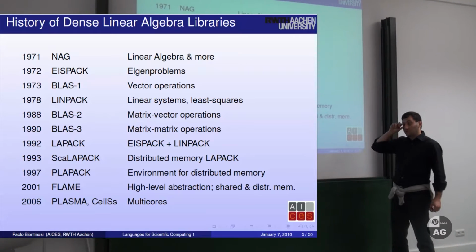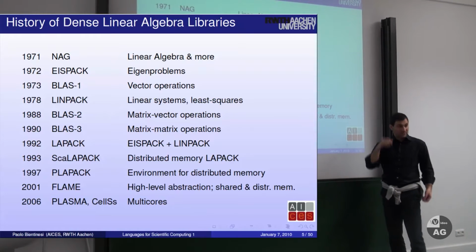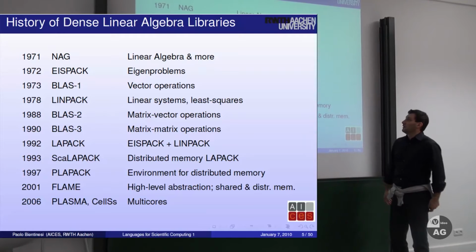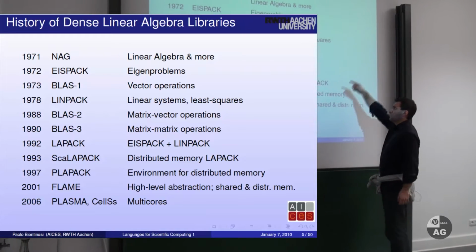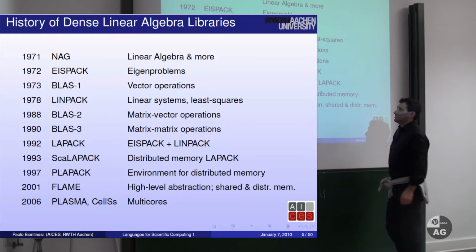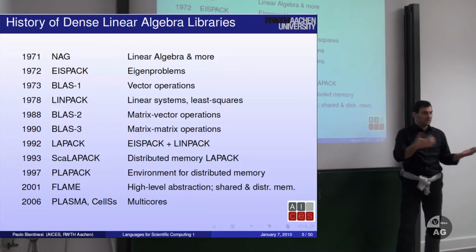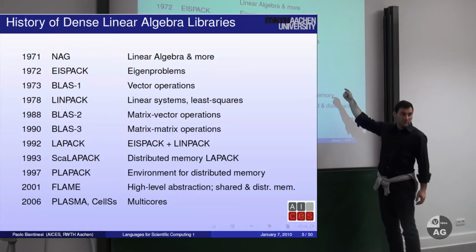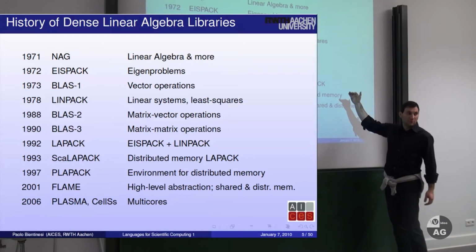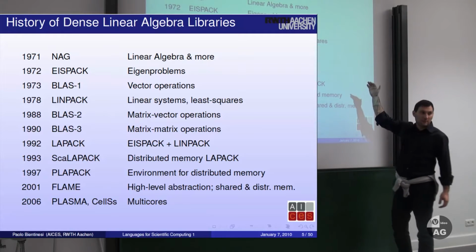But I don't want to focus too much on performance because after all this is not a class on high performance. Anyway, BLAS2 is a set of routines that combine matrices and vectors. And whenever possible, it's better to use BLAS2 operations rather than BLAS1.